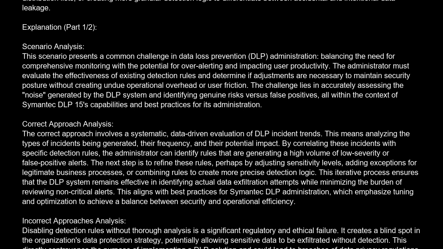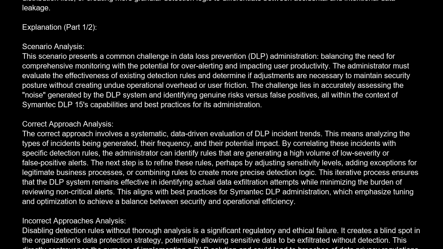Correct approach analysis. The correct approach involves a systematic, data-driven evaluation of DLP incident trends. This means analyzing the types of incidents being generated, their frequency, and their potential impact. By correlating these incidents with specific detection rules, the administrator can identify rules that are generating a high volume of low-severity or false positive alerts.